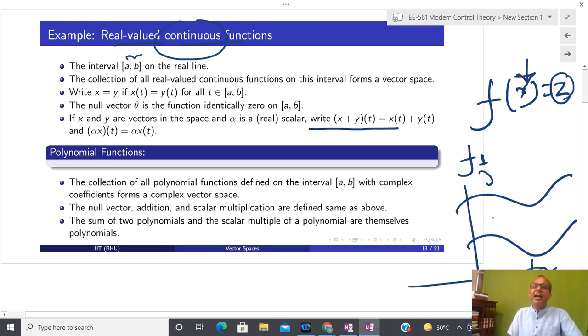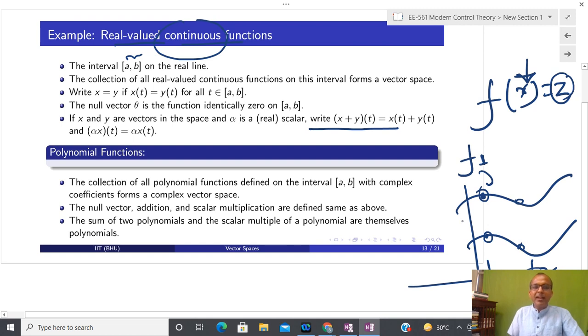Now I want to operate on two functions. So how to add two functions? If I detect these two points at some time t, you can see that again I have two real numbers because this is a real valued function. So if you know the pointwise addition, then no extra operation is required.